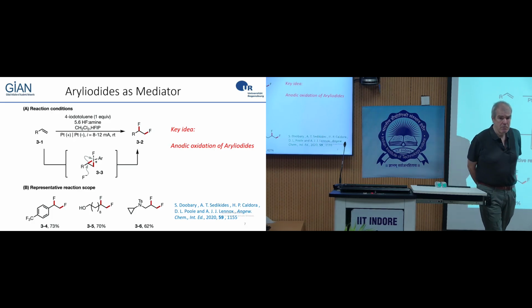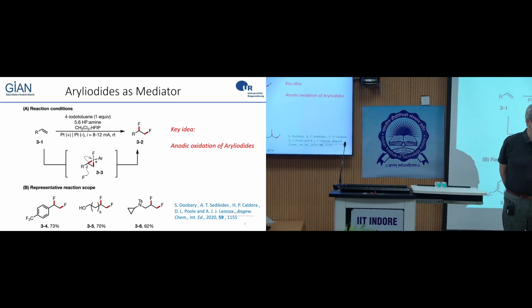Fluorination, not so easy. How would you do it? If you would do it analogously to a bromination, you would have to have fluorine gas, right? I think there are only 2 or 3 labs in the world who are able to handle fluorine gas. I'm not sure anybody in Indoor can do this. Probably not. No one in Regensburg can do it.